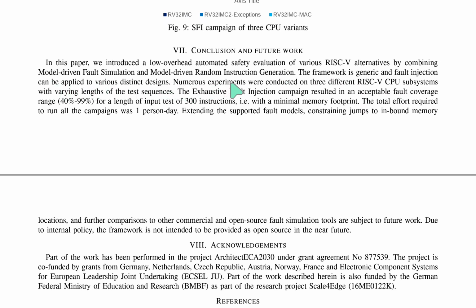Numerous experiments were conducted on 3 different RISC-V CPU subsystems with varying lengths of the test sequences. The exhaustive fault injection campaign resulted in an acceptable fault coverage range of 40% to 99% for an input test length of 300 instructions. That is, with a minimal memory footprint, the total effort required to run all the campaigns was 1 person-day.